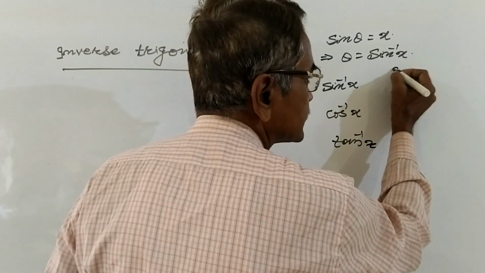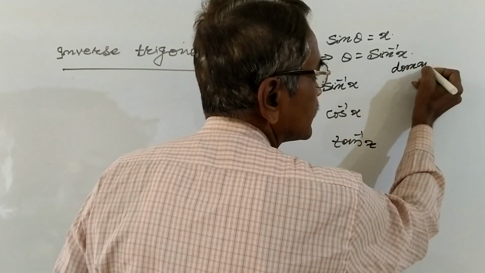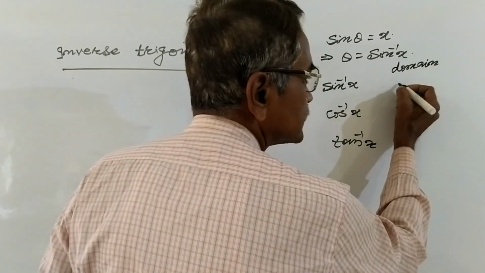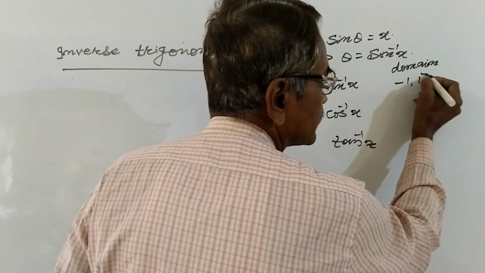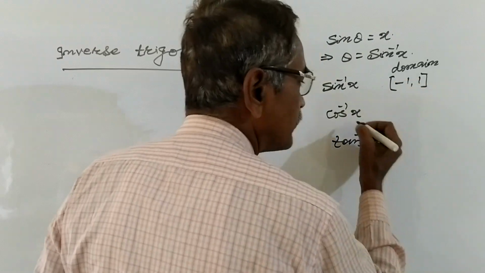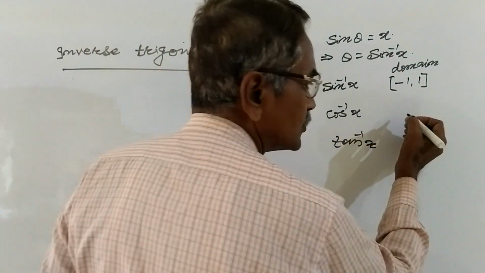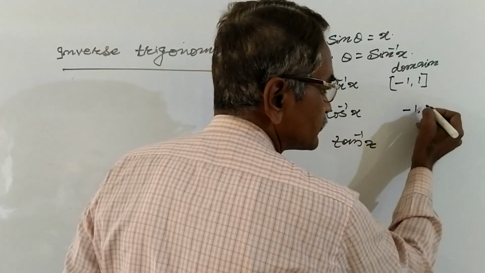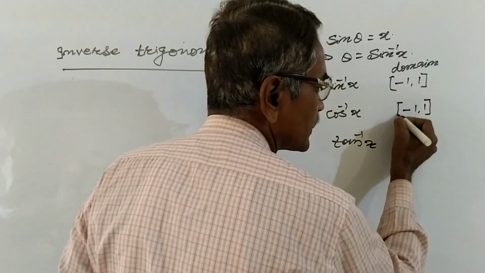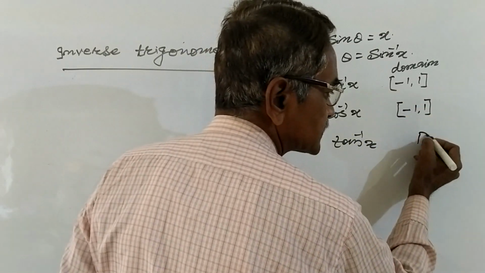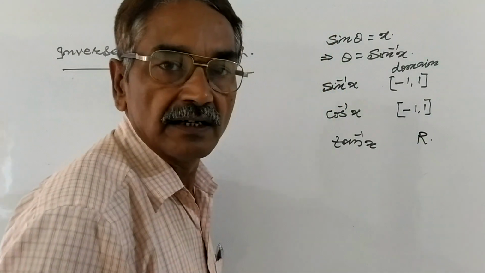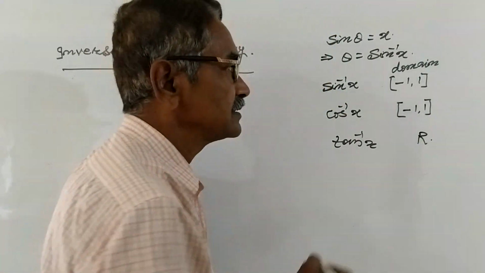Sin inverse x domain is minus 1 to 1. For cos inverse x, domain is minus 1 to 1. And for tan inverse x, domain is all real numbers.